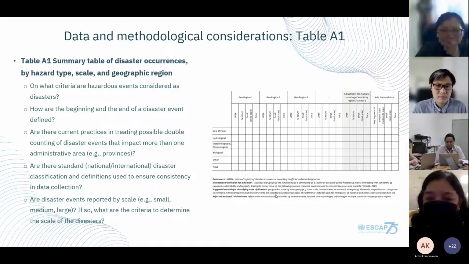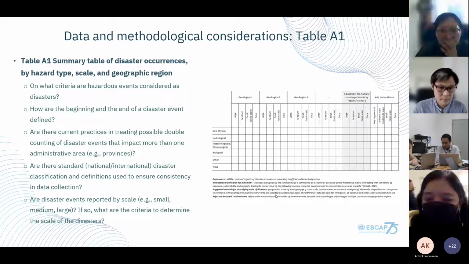We saw that the collection period is different and the definition of terms is different. When are you recording a missing person, or how exactly do you record it?